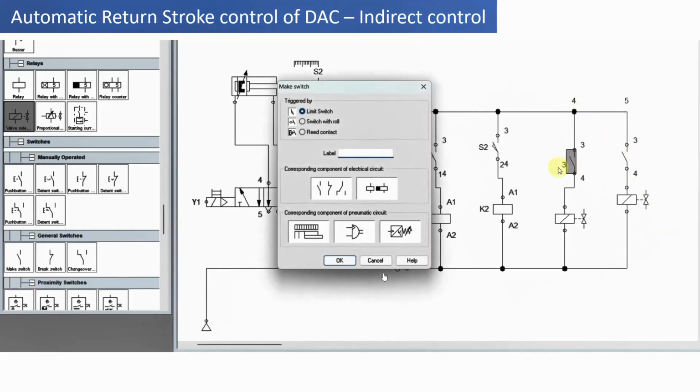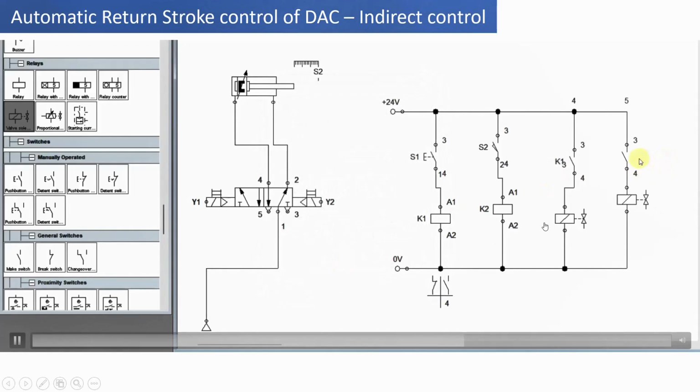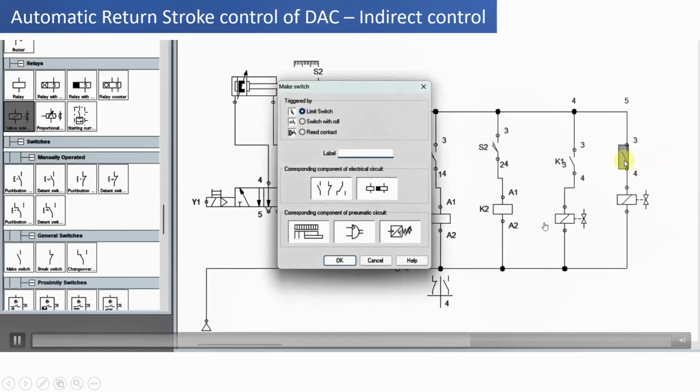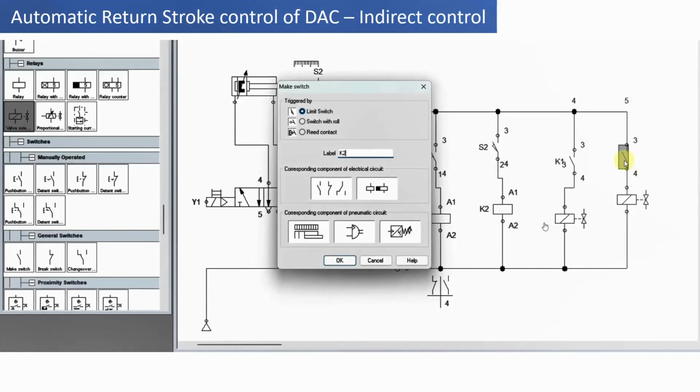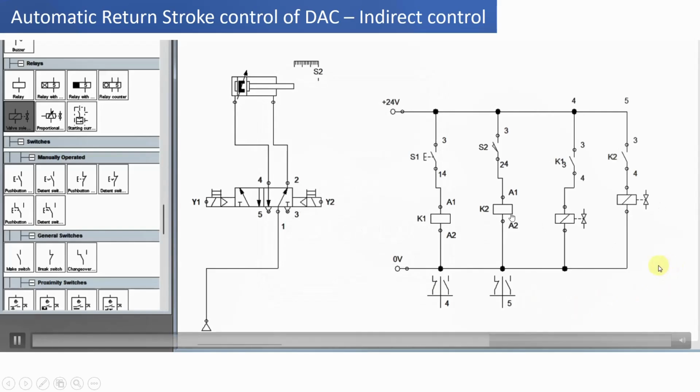Now name this as K1, which is the relay switch, and this particular will be labeled as K2 for relay K2. Now this 4 and 5, the 4 is the current path for switch K1, which is normally open, which is corresponding to this relay K1.